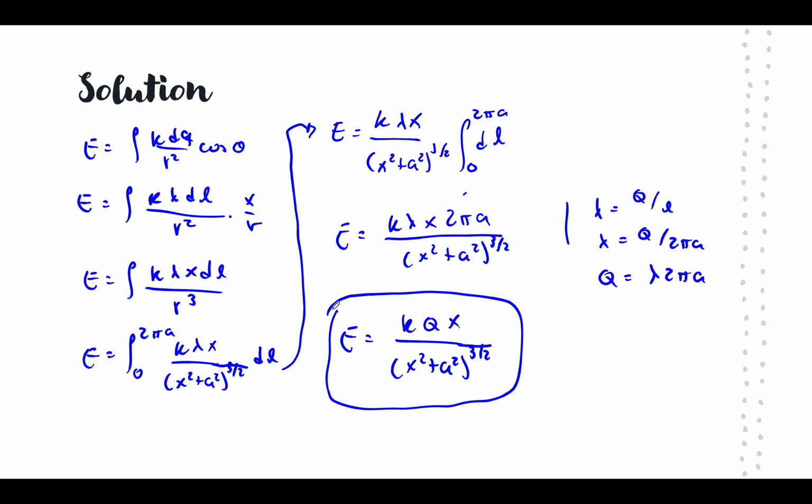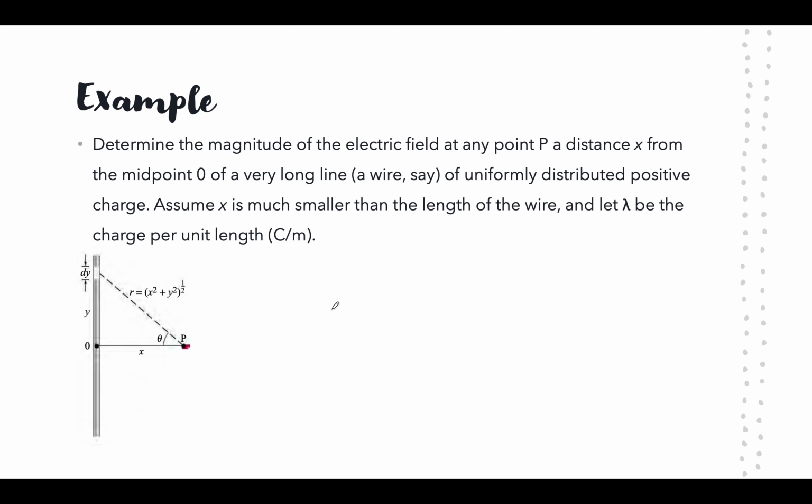We get kq over x squared, which is the electric field created by a point charge, which makes sense because at very large distances, a ring will seem like a point charge. All right, let's look at another example.